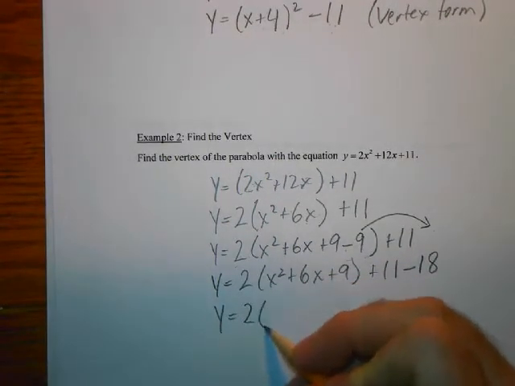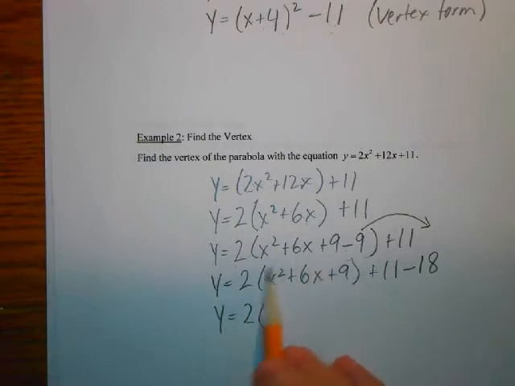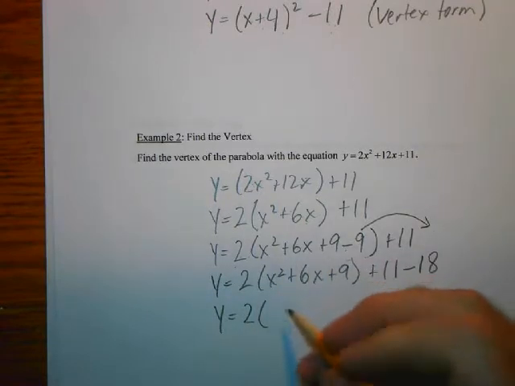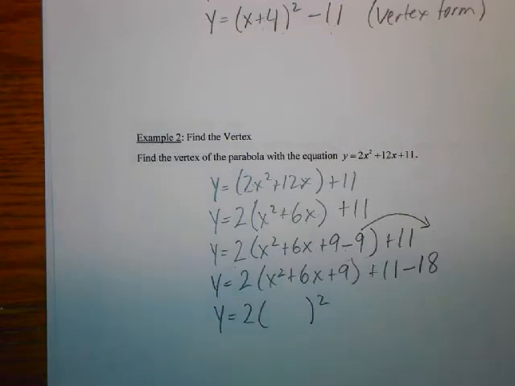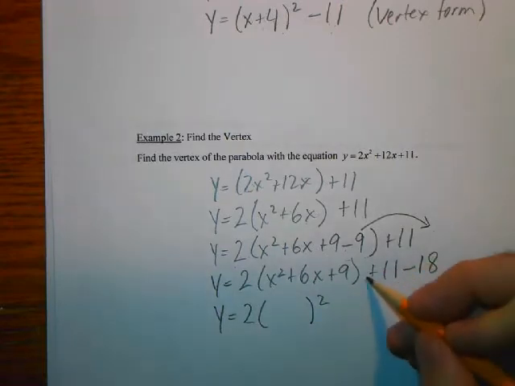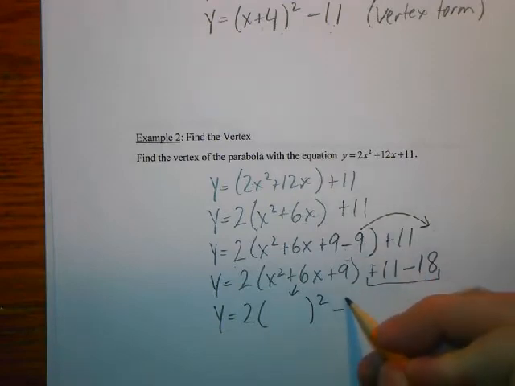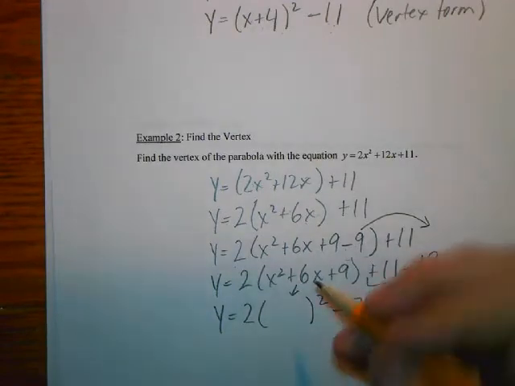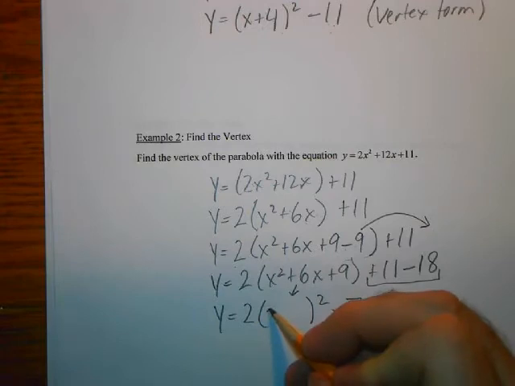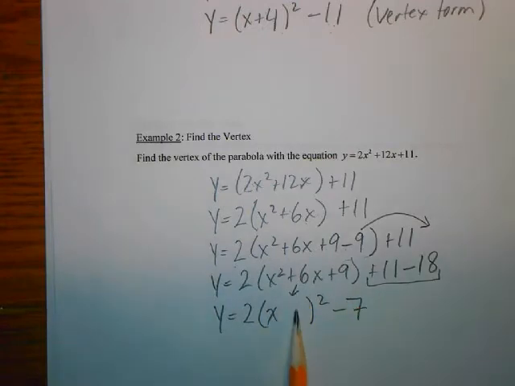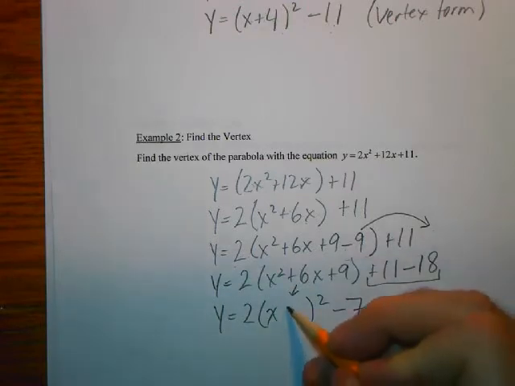Okay, and then the last step, we're going to do 2 things. First thing, this is our perfect square trinomial that we created. I'm going to change that into a binomial squared, and we're going to combine these 2 together. So this turns into that, and this turns into -7. And remember, first term is always the variable, and then the second term is half of the coefficient of the x term, so that's a plus 3.